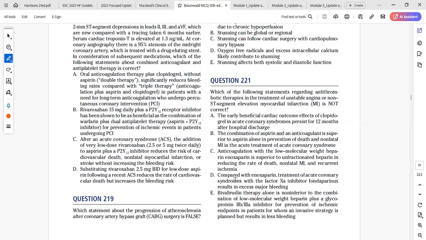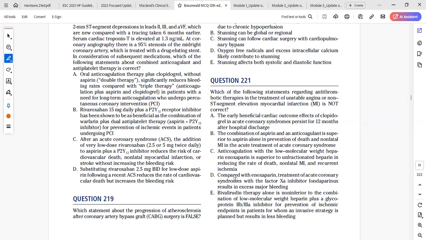A, oral anticoagulation therapy plus clopidogrel without aspirin, that's the double therapy, significantly reduces bleeding rates compared to triple therapy of anticoagulant with dual antiplatelets, aspirin and clopidogrel, in patients with need for long-term anticoagulation who undergo PCI. So this option is true. Okay, let's just start.